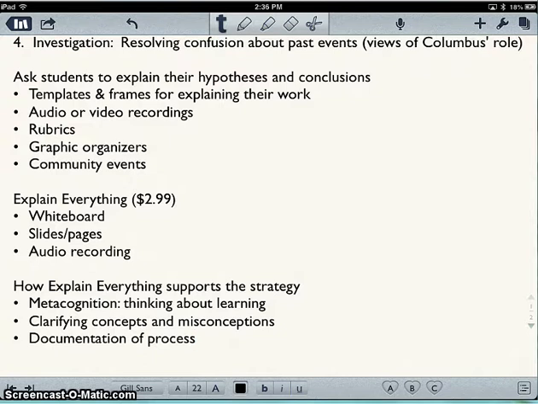What we like about Explain Everything is that it lets you sequence a number of those pages or whiteboards together, and so you can create almost a slide deck or a notebook effect. And it also lets you do voiceover audio recording. So this is a really nice way for students to explain their reasoning behind their hypothesis. So let's take a look.